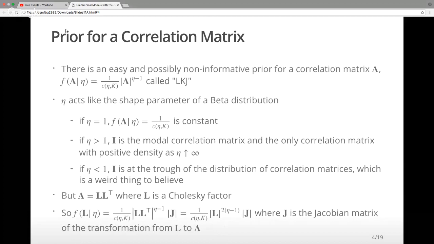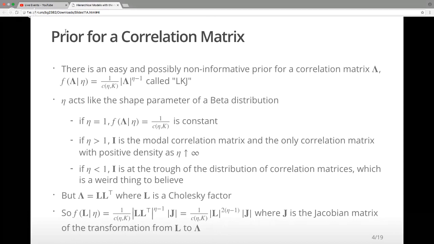This distribution was derived in 2008, 2009, somewhere around there, by three authors whose names are Lewandowski, Kurowicka, and Joe. But when we were trying to implement this in Stan, me and Bob could never spell Lewandowski or Kurowicka.